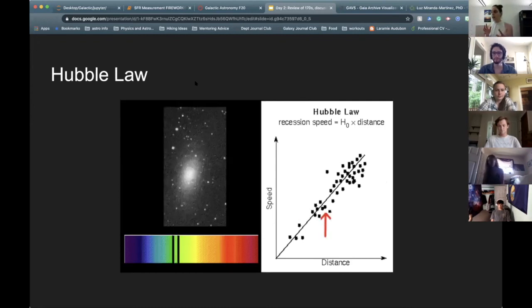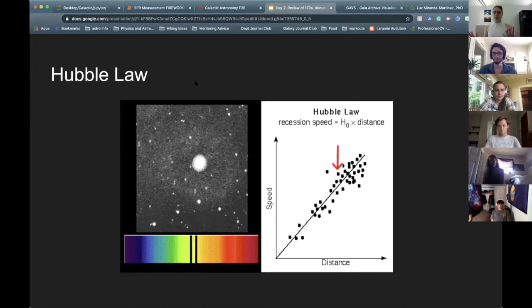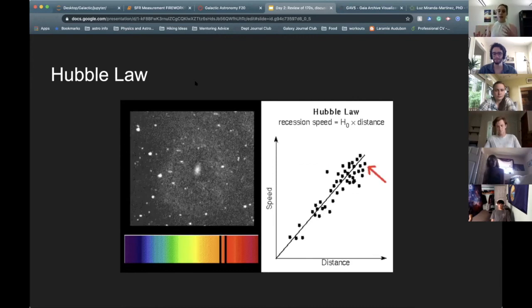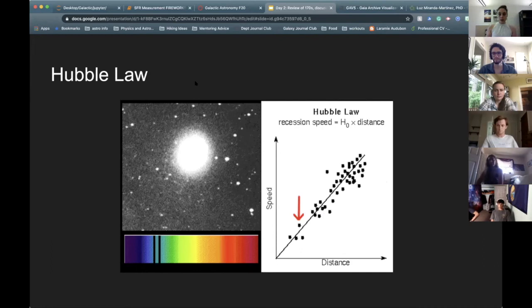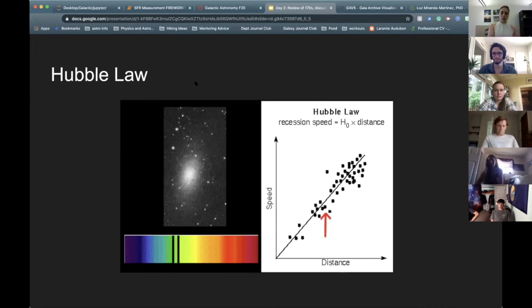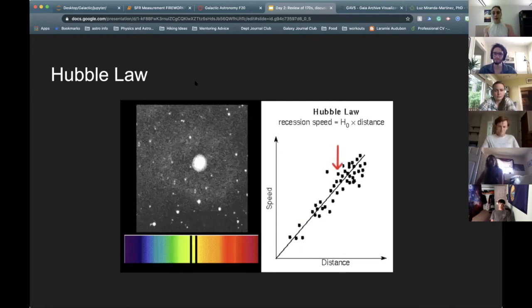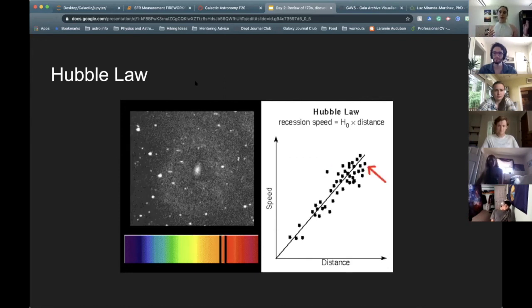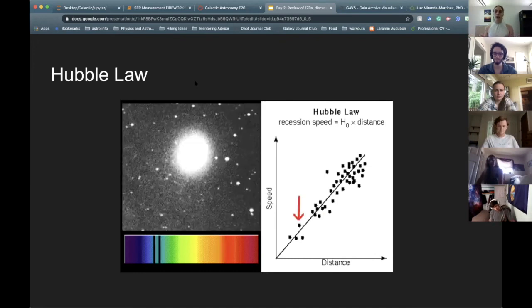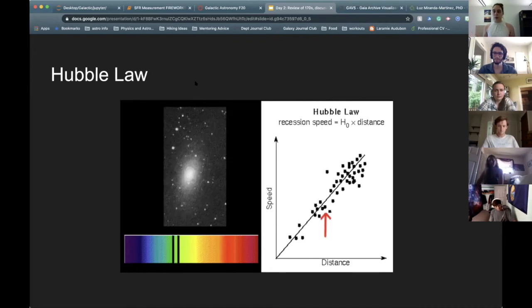Maybe someday, maybe LISA or something in the future, but with LIGO as it is now, it cannot measure it. And then the black hole mergers don't have a luminosity signature, so we can't compare that to a light source. But with the black hole neutron star mergers, you get the actual gravitational wave as well as a wide range of fluxes from gamma ray to infrared. So you can use how those two things compare.